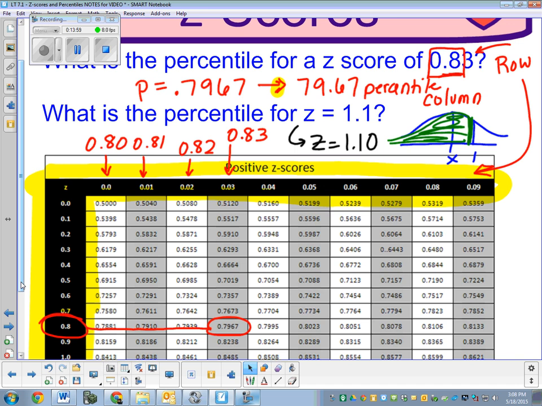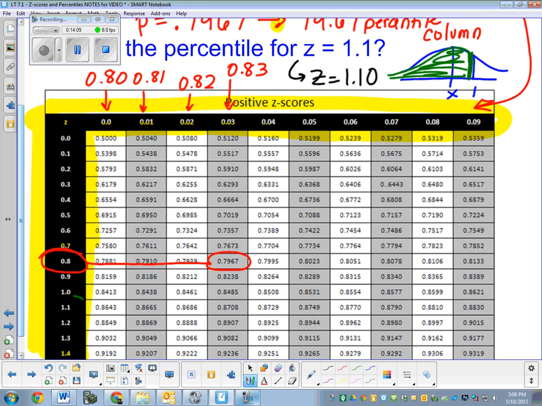So pause the video and do this now. So if z is 1.10, we find 1.1, and then the 0 is the second digit, so 0.8643 should be the percentile that we found. That's the percent below a z-score of 1.1.